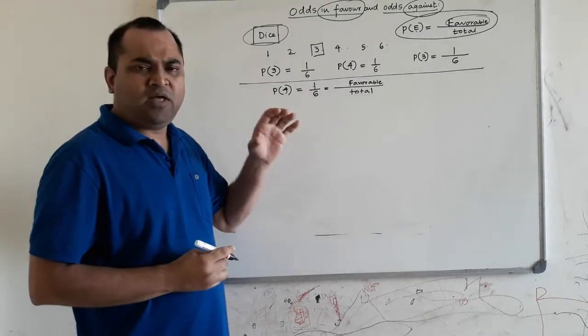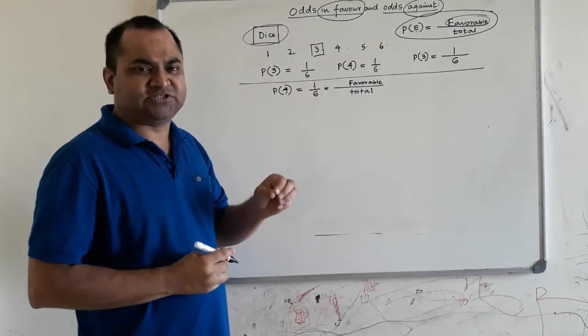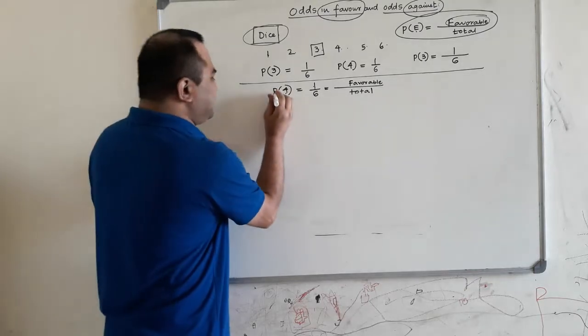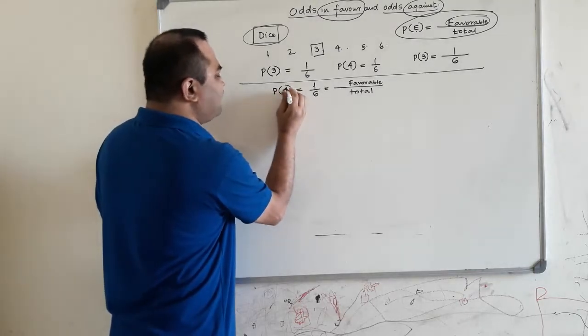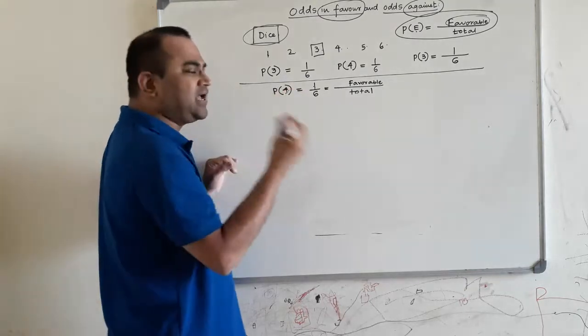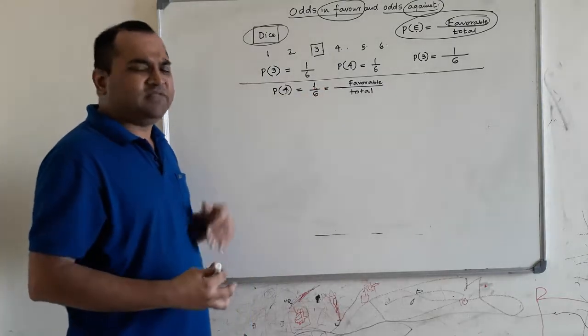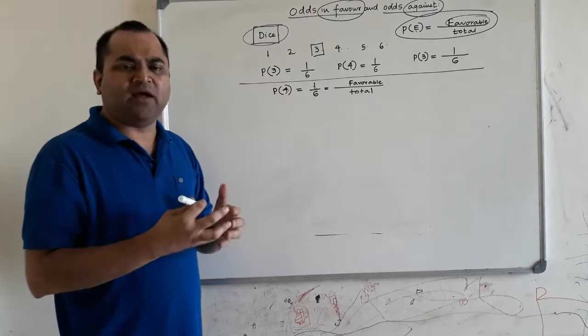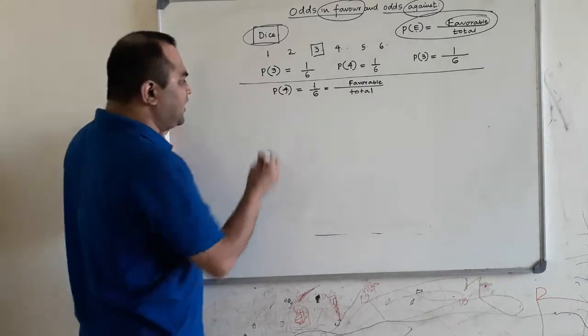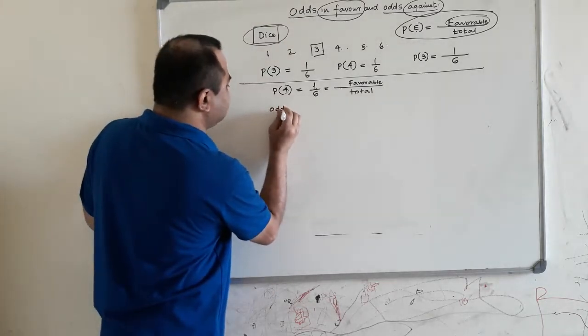This we will now express in terms of odds. Instead of expressing probability of number 4 on the dice occurring as 1 by 6, you can also express the chance of 4 appearing on a dice when a dice is rolled in terms of odds.